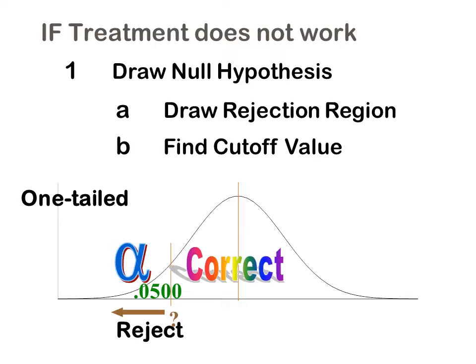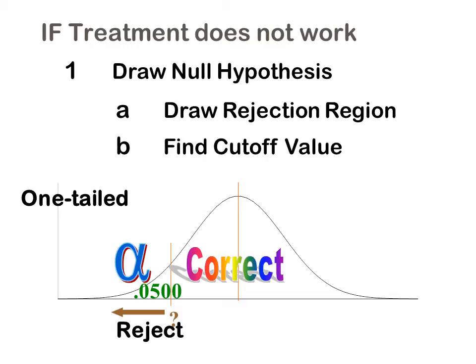But in today's problems, we're going to use one-tailed tests just because they're much easier to calculate power from. And the principles you learn about power from a one-tailed test are the same principles that would apply to a two-tailed test. So we're just going to use a one-tailed test in this case because it's easier.